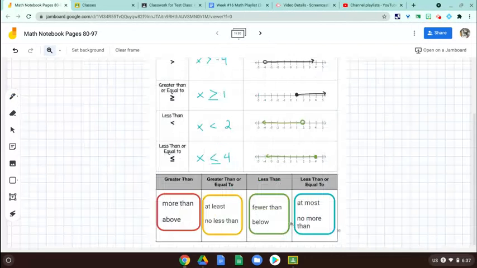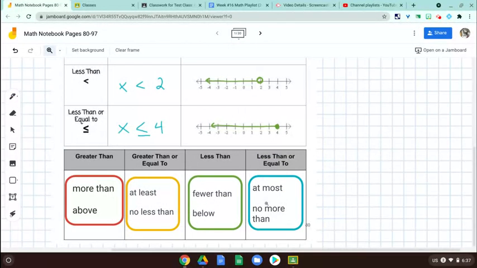And it says here, at most refers to less than or equal to. Remember, these words are going to come in handy this week and next, so refer to these often. But at most refers to less than or equal to.